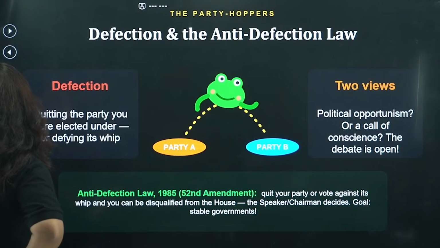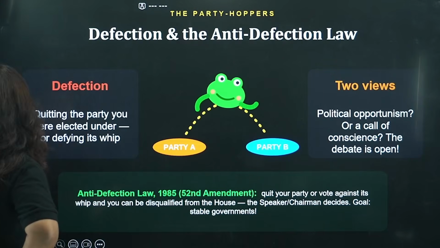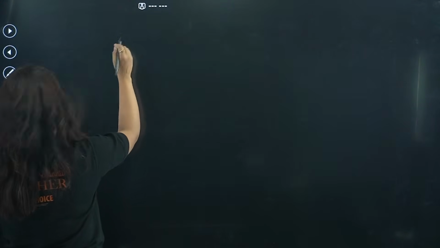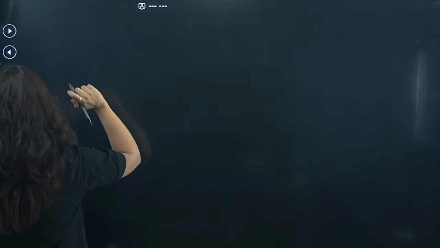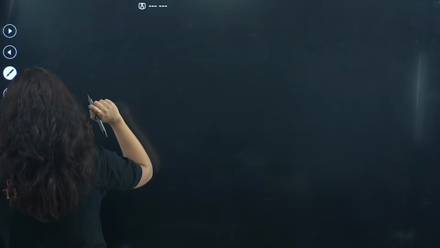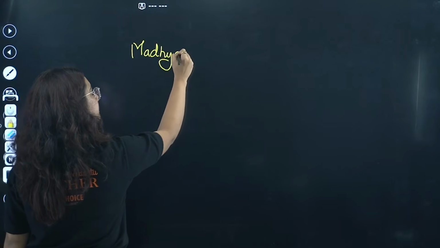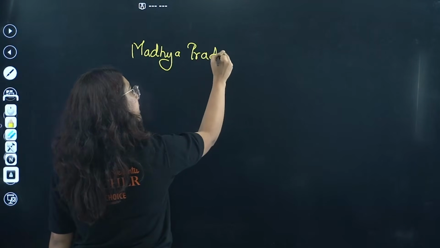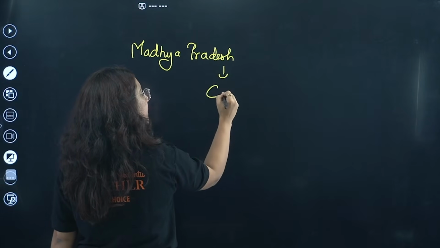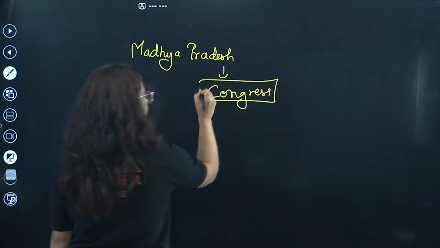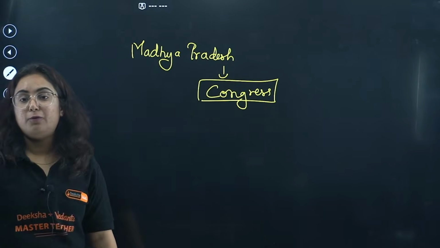One more thing that I will share with you. This is an example of anti-defection if you are feeling confused. It was in the last elections of Madhya Pradesh. We are talking about the state of Madhya Pradesh here. The election was won by the Congress party, and Mr. Kamal Nath formed the government.